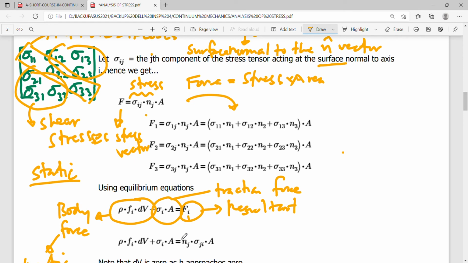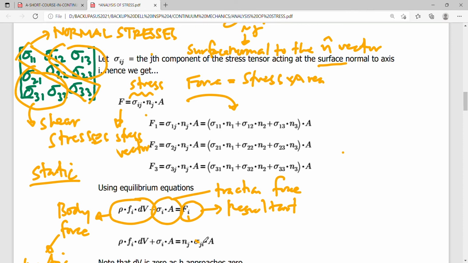So this becomes Nj sigma Ji dot A. So this is a transposition brought about by the matrix transpose of sigma ij to sigma ji.